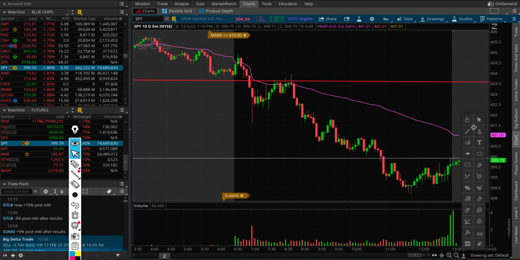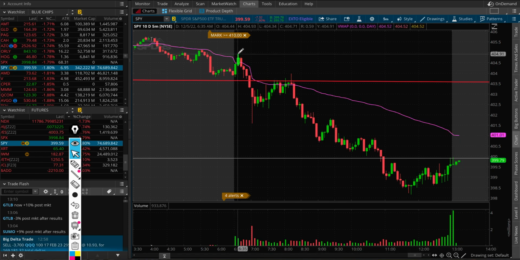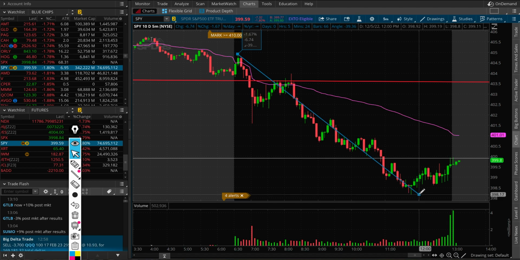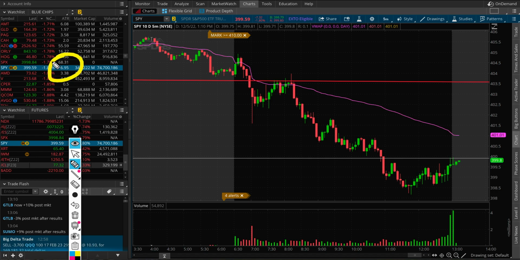Just out of curiosity, let's measure the top of the day today: 404, 405, and all the way down to 398. So that range is $6.74. And just pay attention to this number, $6.95. So basically nothing unusual happened. It did move within the average true range, and that's how I determine it.